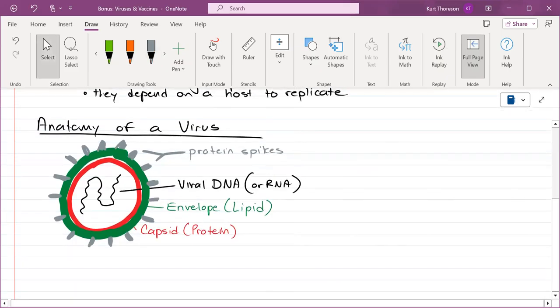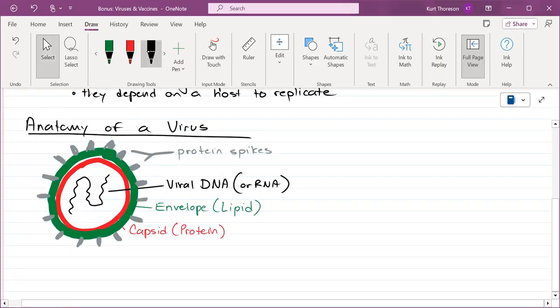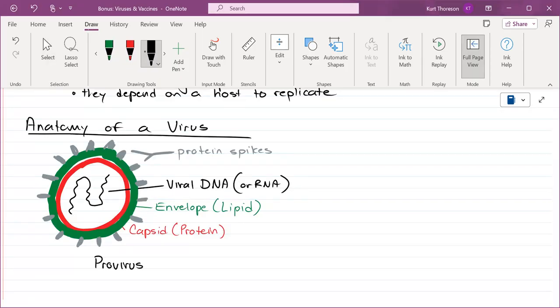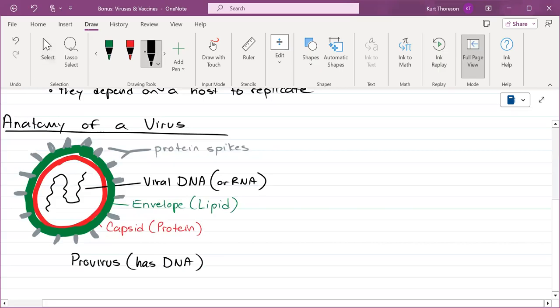All right. Now, this type of virus is a provirus, which means it has DNA. I will get to what type of virus has RNA later. But there is another type of virus I want to show you, and it infects bacteria.